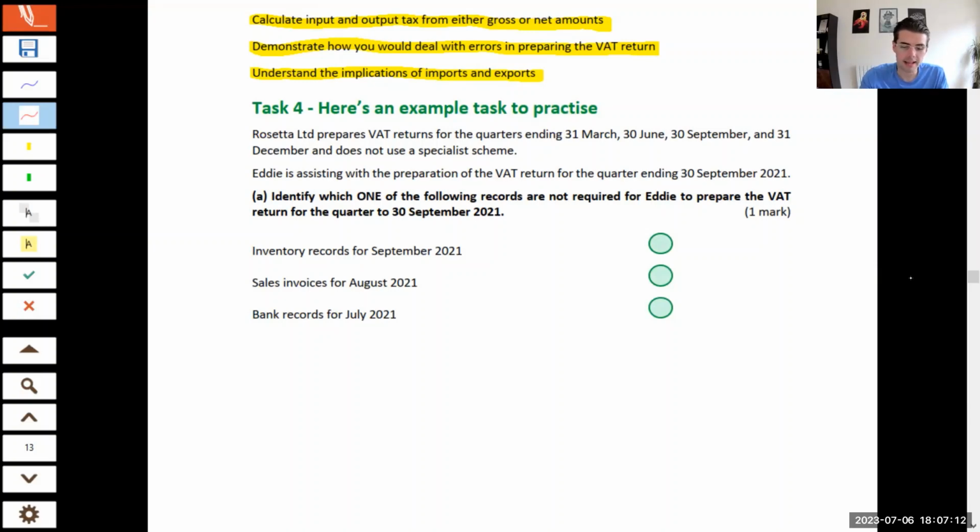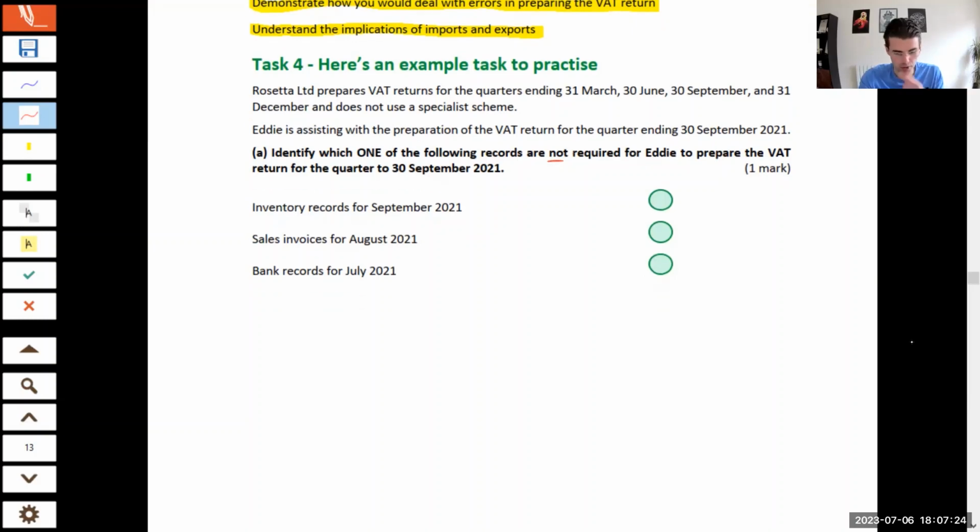We're asked to identify which one of the following records is not required for Eddie to prepare the VAT return for the quarter to September 21. I've got 3 options: inventory records for September, sales invoices for August 21, bank records for July 21.